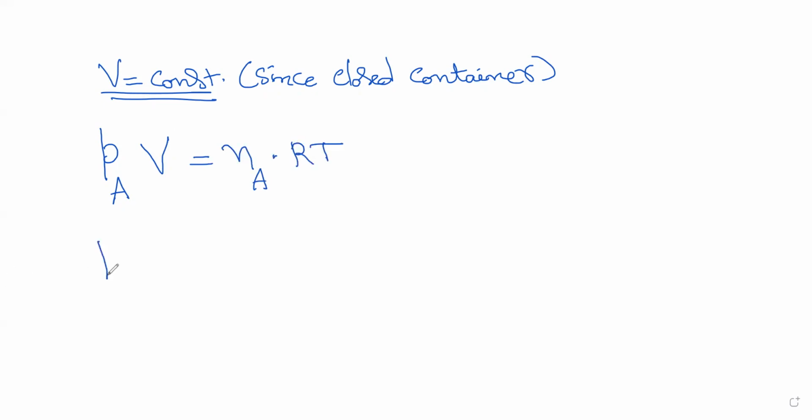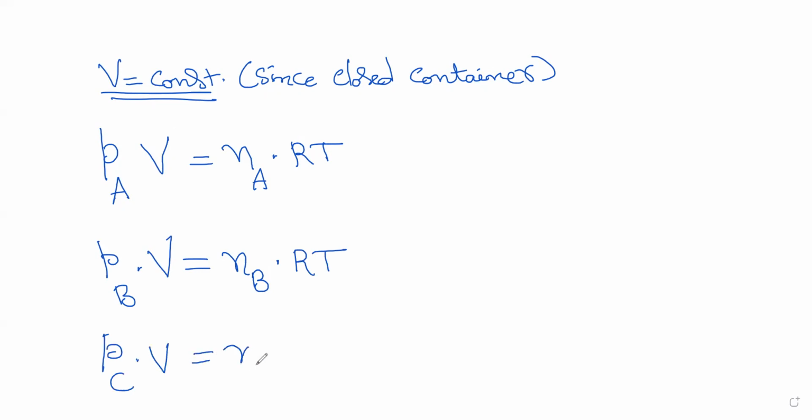Right. And similarly, PB into V is equal to number of moles of gas B into RT. So similarly, can we write PC? PC into V is equal to number of moles of gas C into RT. Similarly, PD into V is number of moles of gas D into RT.